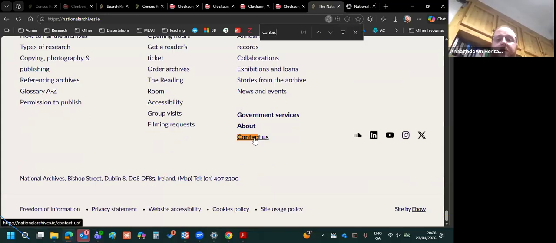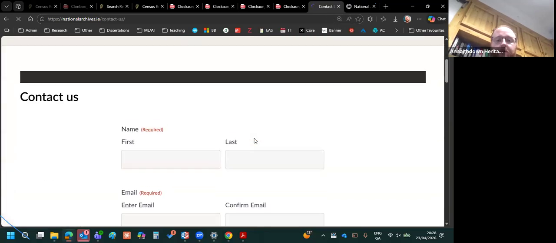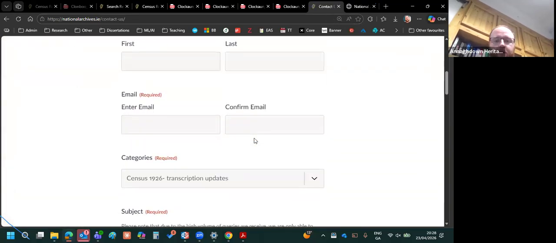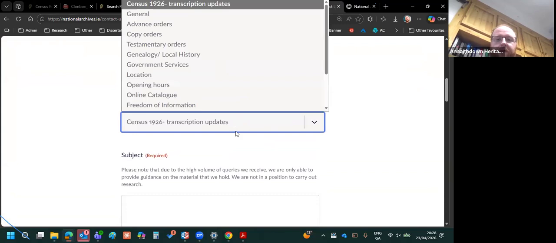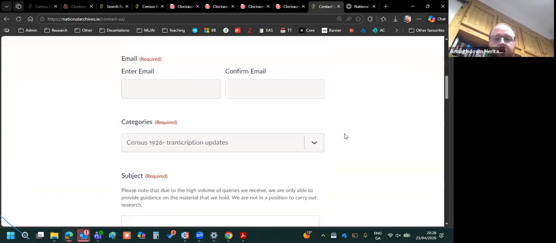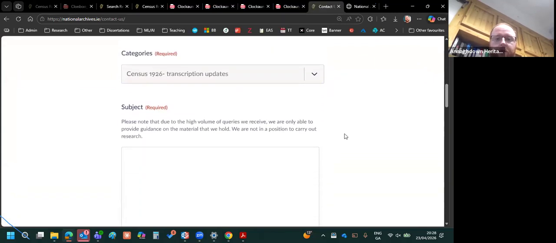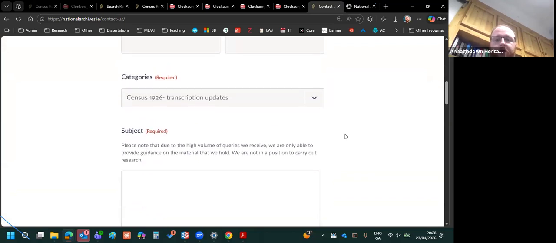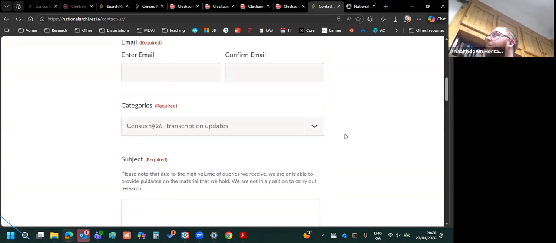So at the moment they're telling people as of yesterday, very often it is census. So they've set it to the default. You'd imagine they're going to be inundated with queries there. There are a lot of transcription errors, particularly the ones that were filled in in Irish.